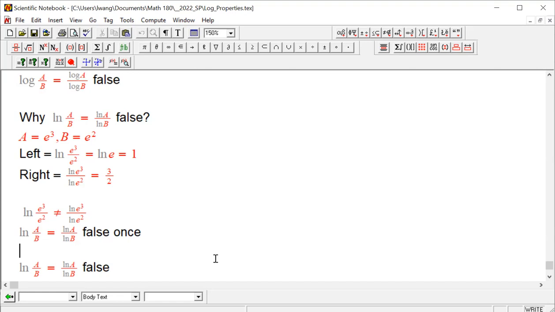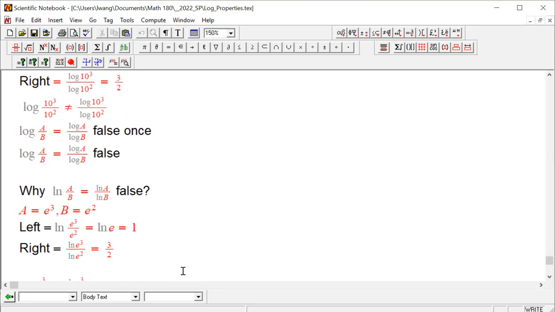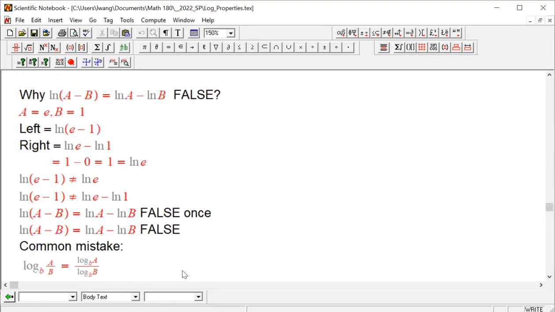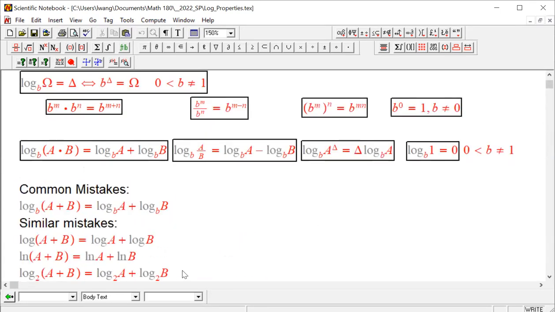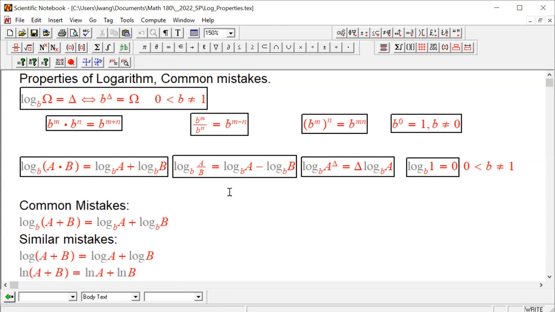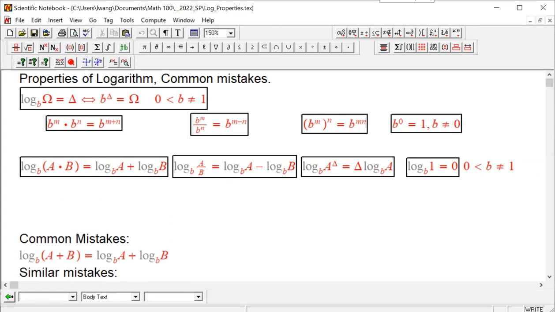So that's why it's paramount that you go through these steps and be familiar with the order of operation, so you don't make such mistakes, all right? So that's on the common mistakes. So I'm going to summarize these common mistakes, just the general form. Okay, so common mistakes.